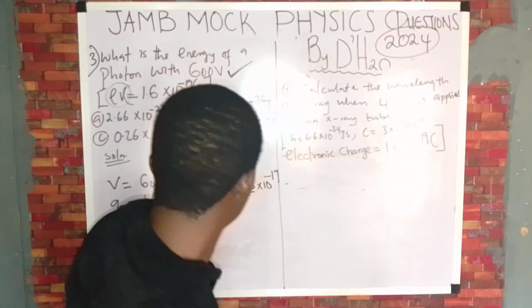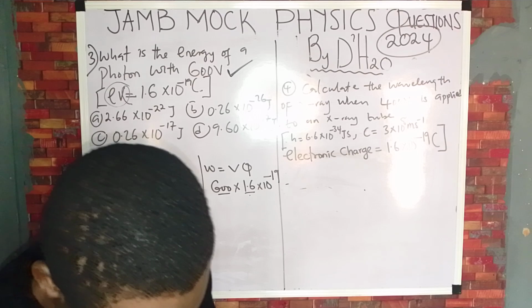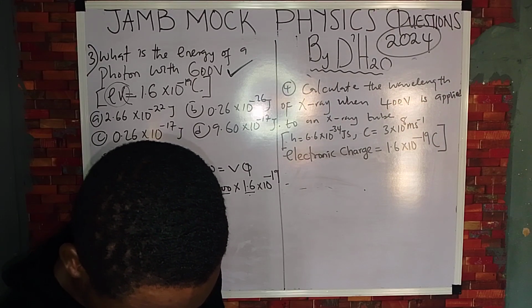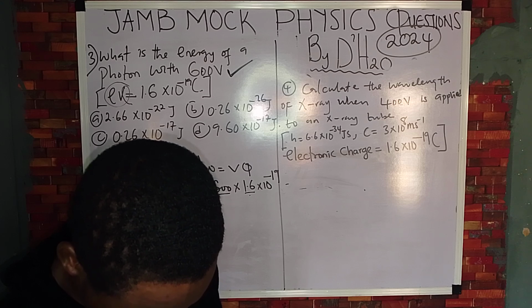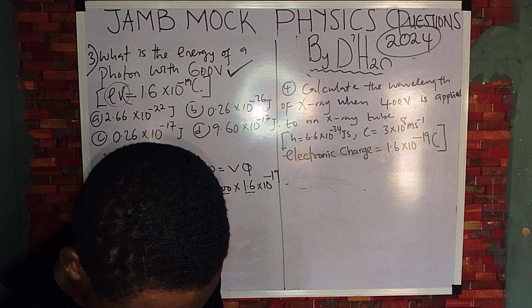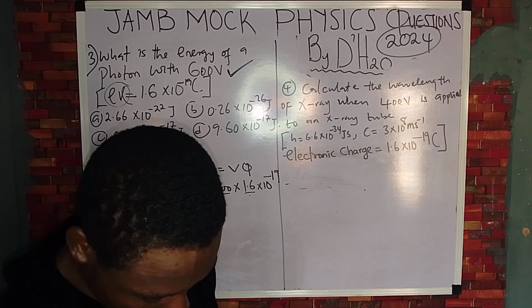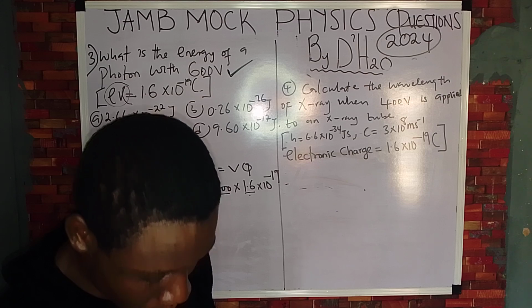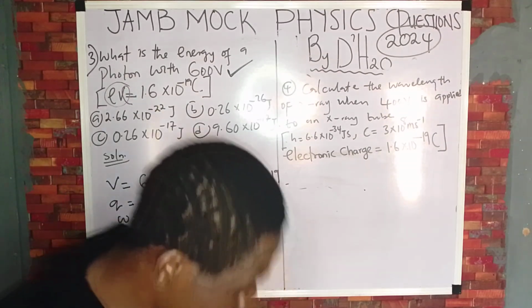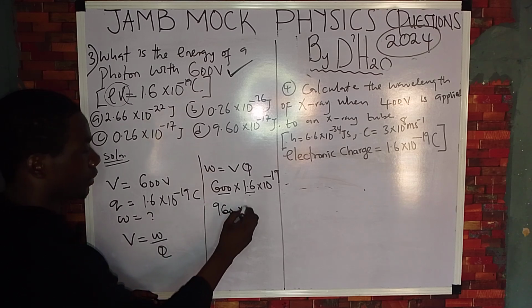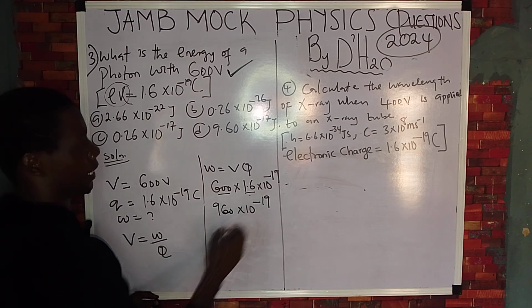Okay, let's quickly multiply 600 by 1.6. 600 times 1.6, that will give us 960. So you have 960 times 10 raised to the power of minus 19.